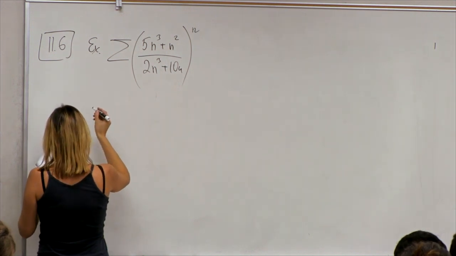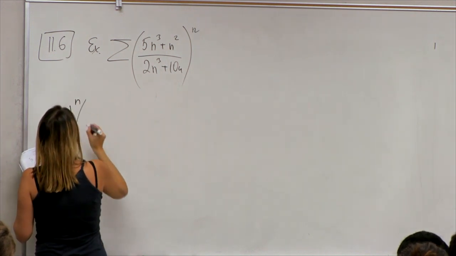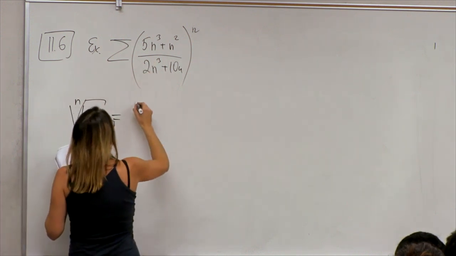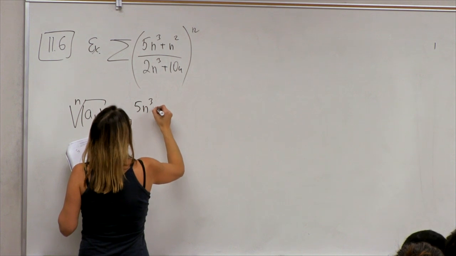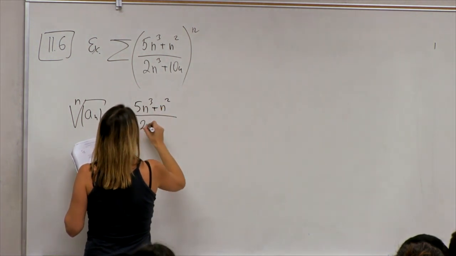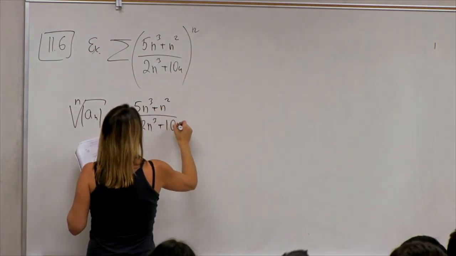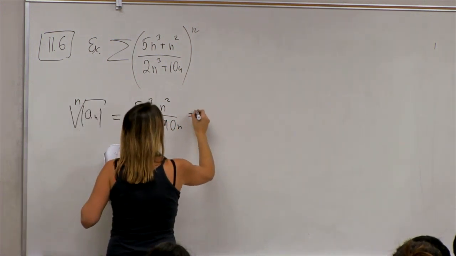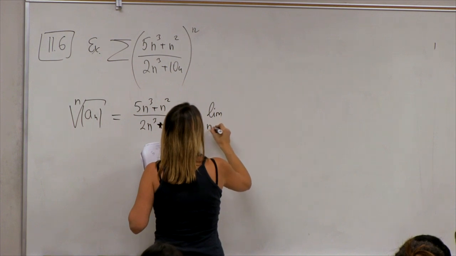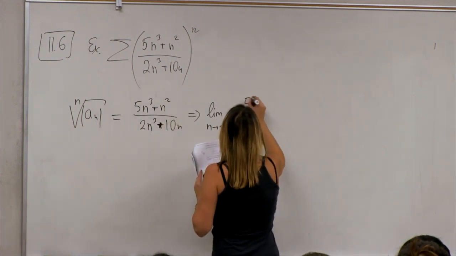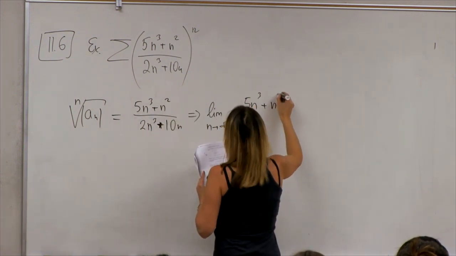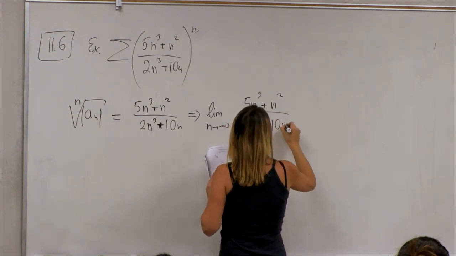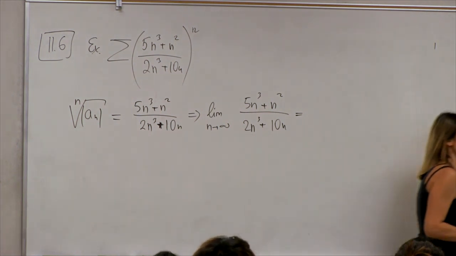So we consider the nth root of the absolute value of a_n. This is the nth root of (5n cubed plus n squared over 2n cubed plus 10n). So this is the expression whose limit we have to calculate. So what do we do to calculate this limit?